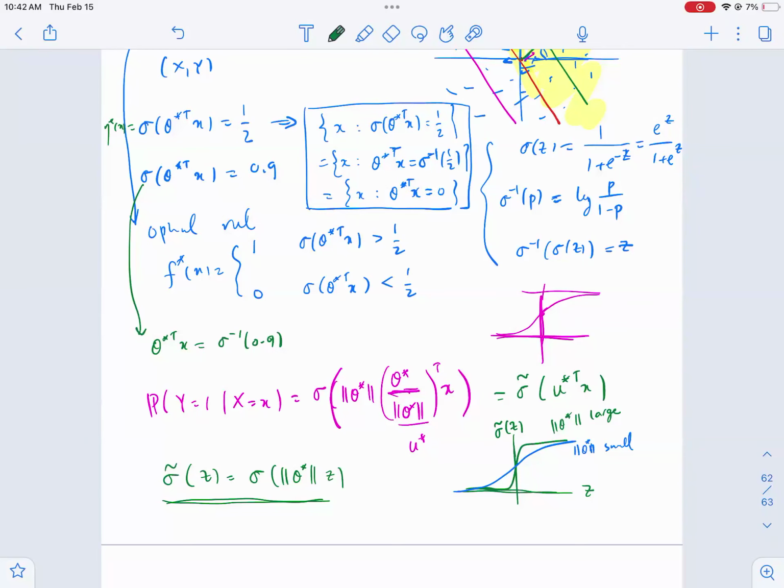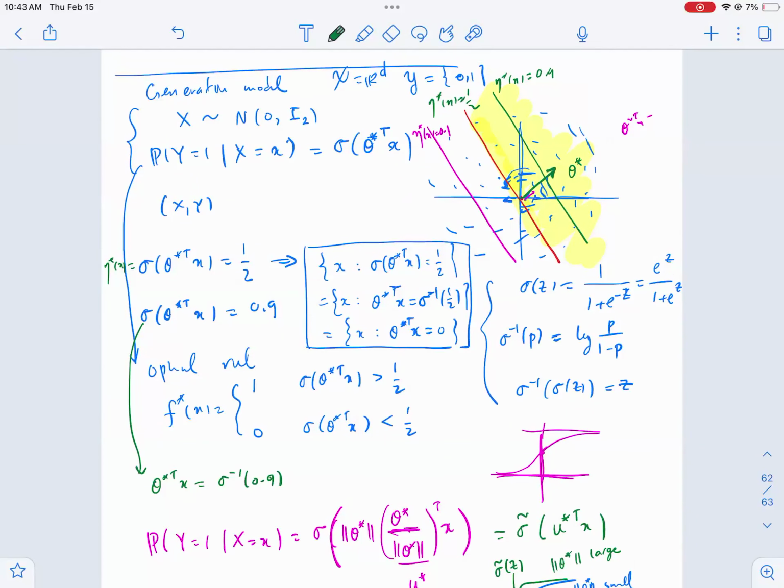Some people would generate data from this and then flip the labels randomly. If you want to generate from a logistic regression problem with some level of noise, what people do is generate and then flip the labels with some probability. That would tell someone else that you really didn't understand much about the model.